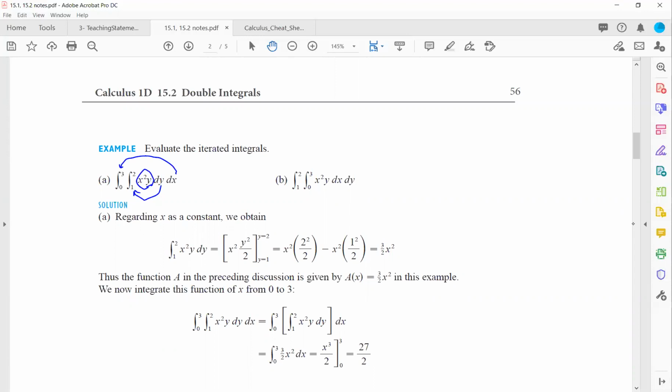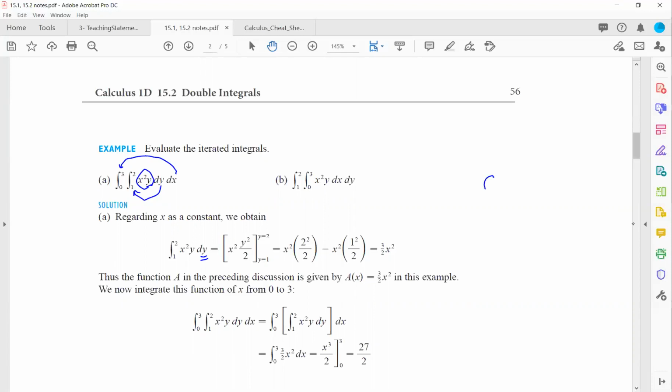Let us take the inside integral, which is the integral with respect to y. Inside integral is with respect to variable y.